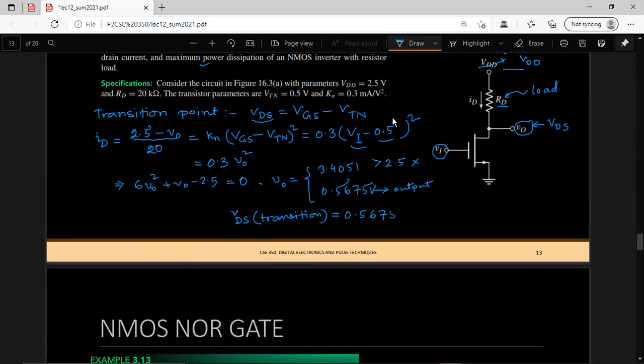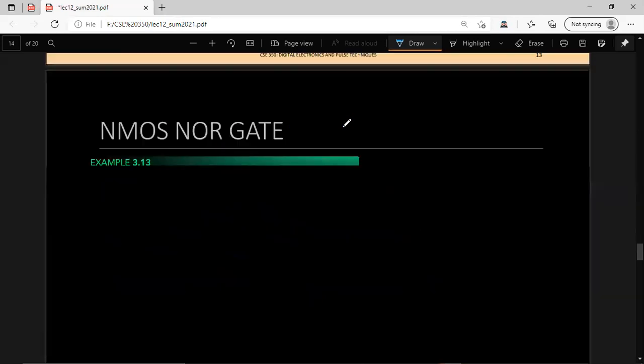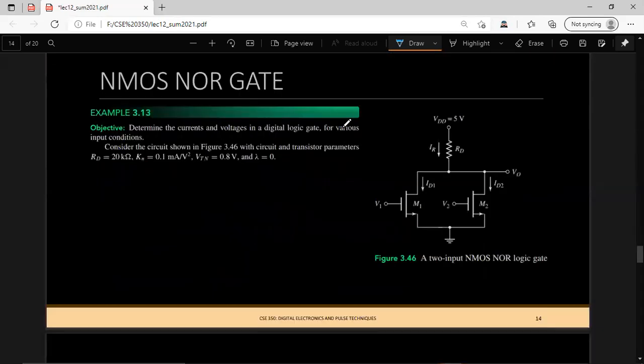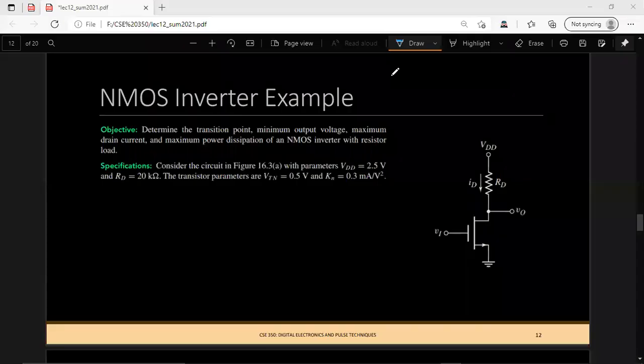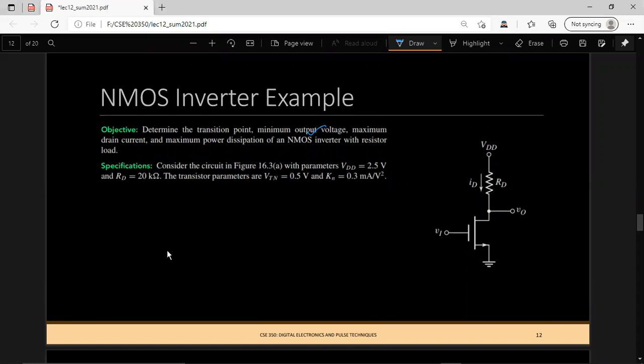Okay, so now we need to figure out the minimum output voltage and the maximum drain current here. For minimum output voltage, we need to think about when the output voltage will be minimum. This is an inverter, so whenever the input voltage is maximum, the output voltage should be minimum.